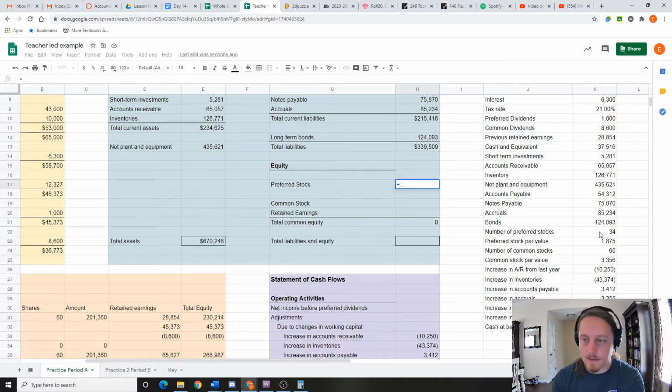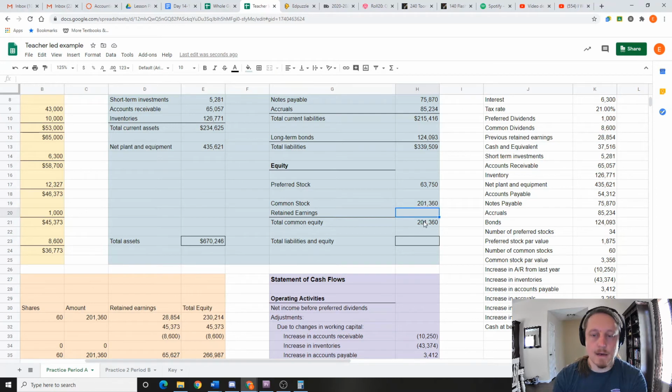So we multiply these two, the 34 times the 1,875, and that tells me how much money is in my preferred stock account. I also have common stock. We're going to do the same thing here. See how much common stock we have. We have 60, and we're going to multiply that by the value. That's 201,000.